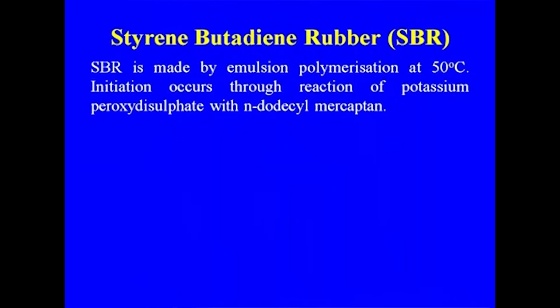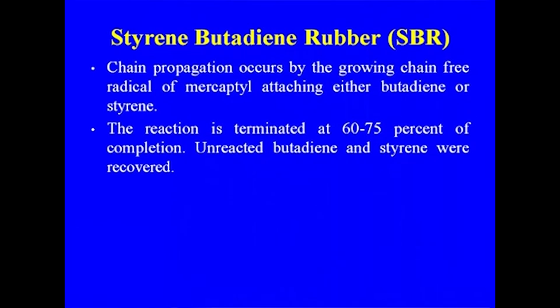Styrene butadiene rubber is made by emulsion polymerization at 50 degrees centigrade. Initiation occurs through reaction of potassium peroxydisulfate with n-dodecyl mercaptan. Chain propagation occurs by the growing chain free radical of mercaptan attaching either butadiene or styrene.